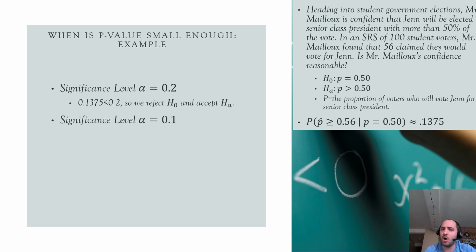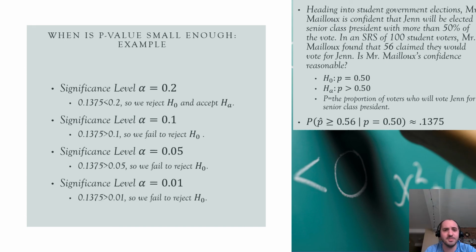If I pick a smaller significance level, say 0.1, my p-value is not smaller than 0.1, it's bigger. So I would just say I fail to reject the null hypothesis. And any other significance level smaller than that would also be failing to reject the null hypothesis. So you either reject it and accept the alternative, or you just fail to reject the null hypothesis. It's all about comparing this p-value to the significance level you want.